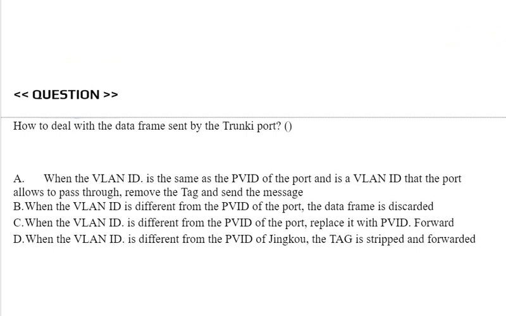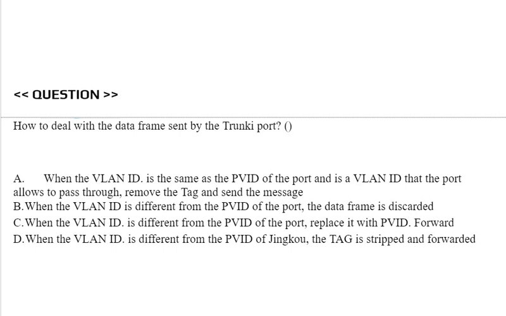Next question is, how to deal with the data frame sent by the trunk port? Option A, when the VLAN ID is the same as the PVID of the port and is a VLAN ID that the port allows to pass through, remove the tag and send the message. Option B, when the VLAN ID is different from the PVID of the port, the data frame is discarded.